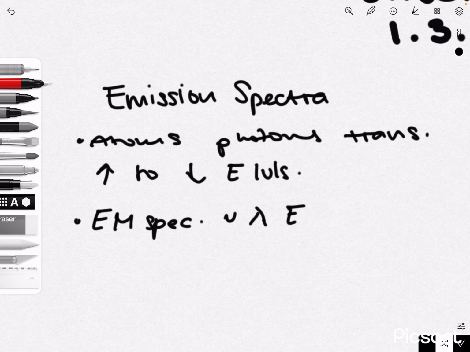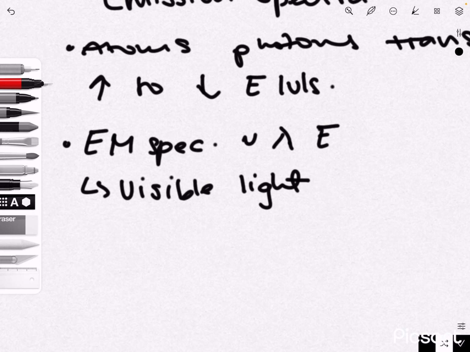And if we look at visible light, for example, which is the section of the electromagnetic spectrum that us humans perceive as color, we know that color is dependent on wavelength.